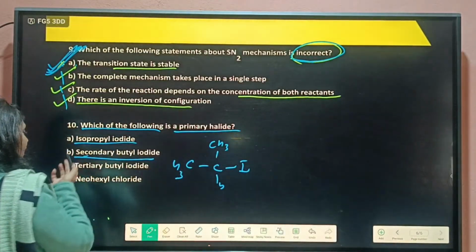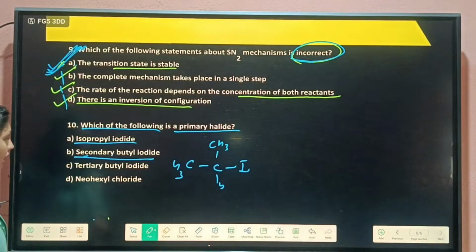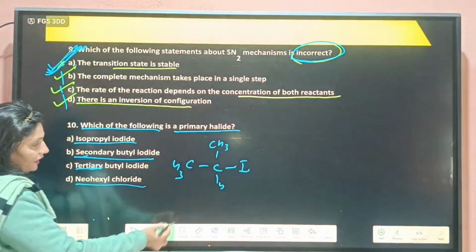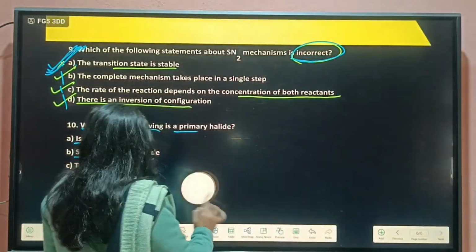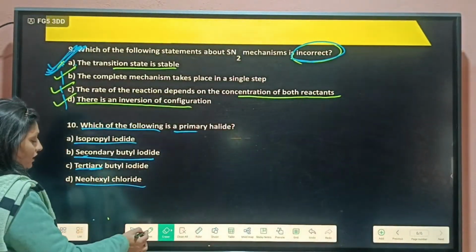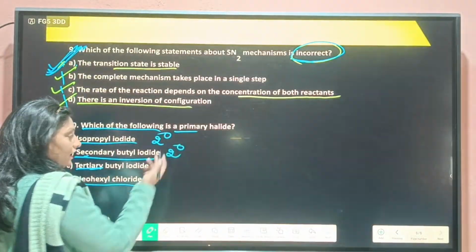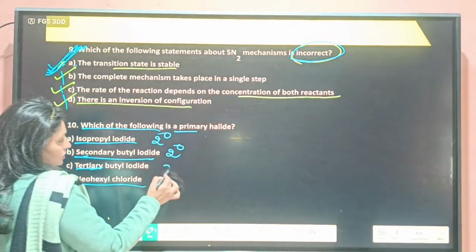Already by name we can tell it is secondary. Tertiary, it will be tertiary. Neohexyl chloride, yes, we can go with this one. Isopropyl is secondary, and the other is also given as secondary.